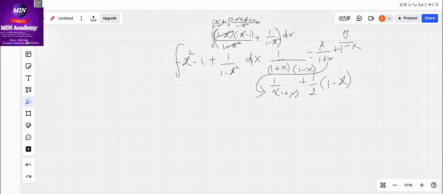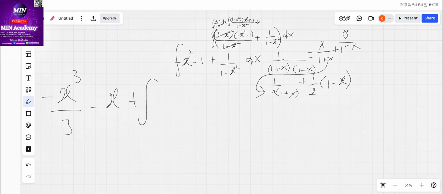So our final answer is going to look like this. Minus x cubed over 3, because if you integrate minus x squared, you are left with minus x cubed over 3. And if you integrate minus 1, you have minus x, because minus 1 is a constant.